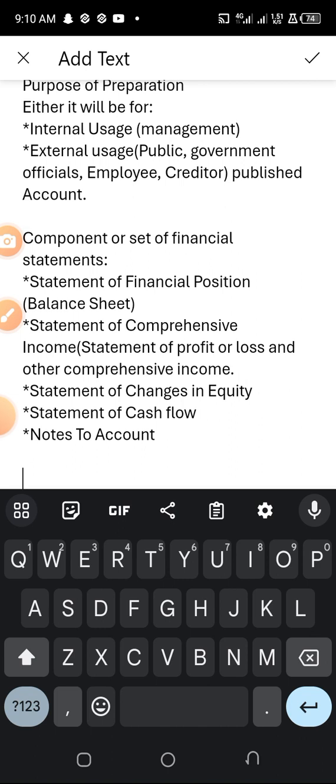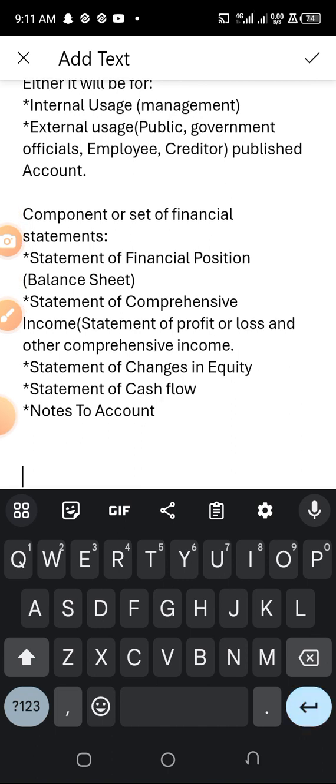We also have the statement of cash flow, which tells us how cash and cash equivalents move within the business over time, how they were turned over, and gives an overview of the real cash that was utilized in the business. And the notes to the account, like I explained earlier, talk about the compliance with IFRS regulations as well as the laws that guide a reporting entity in the jurisdictions of operation.